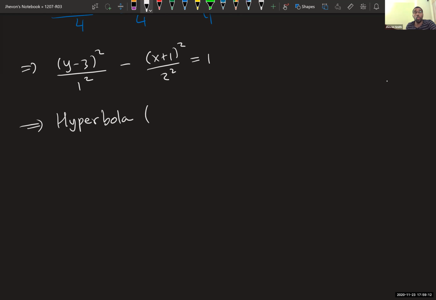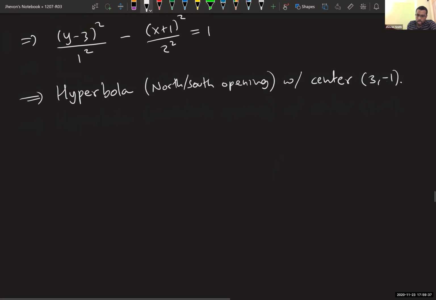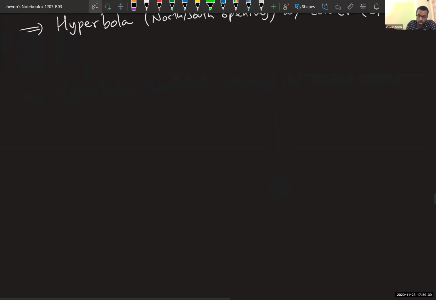Since I know that the y is the positive one, it opens north-south. How would we sketch this?